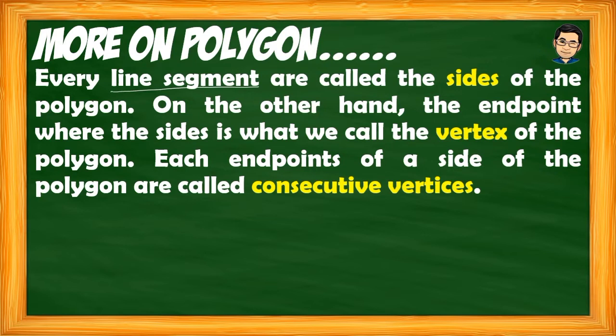Kailangan close po yung ating figure. Kapag pinagdugtong-dugtong natin yung mga endpoint ng mga sides, ang tawag po doon ay vertex ng ating polygon. Kung ilan ang sides ng polygon, yun din po ang bilang ng vertex. Like for example, yung triangle, ang bilang ng vertices niya 3 kasi 3-sided siya.